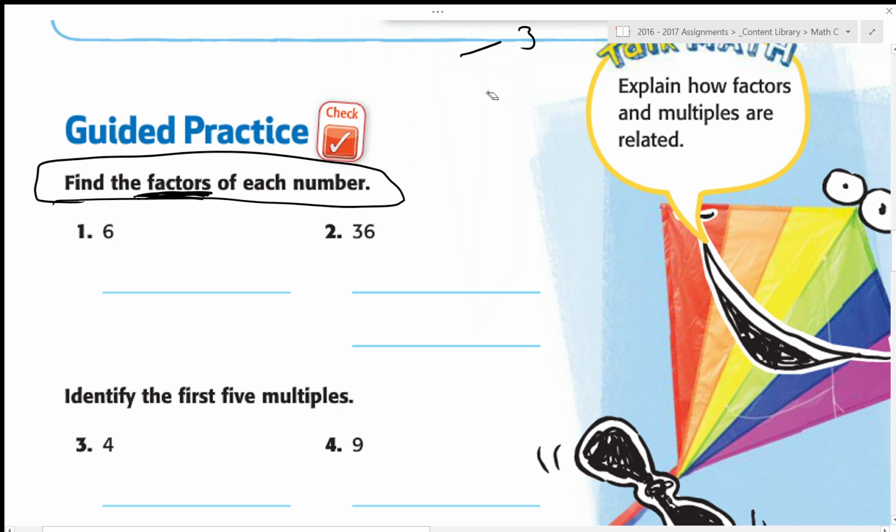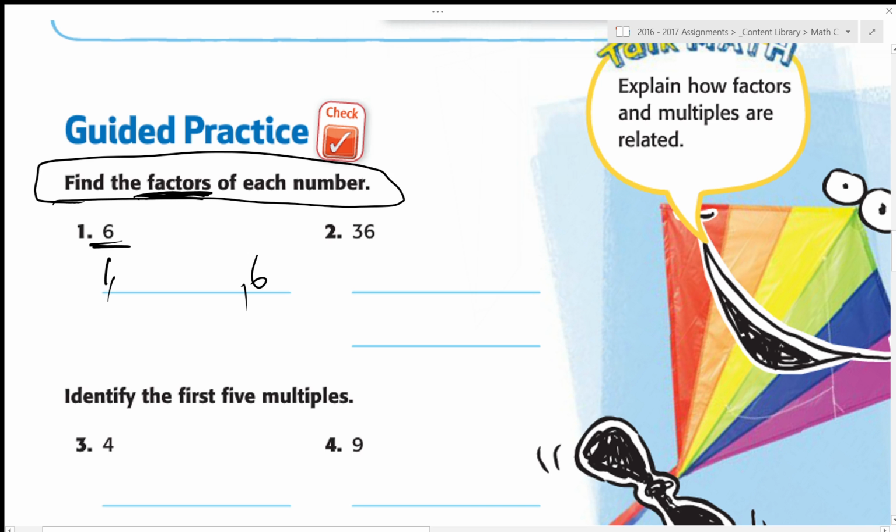So we're looking now at the factors of 6. Now I know that anytime we multiply a number times 1, we get that same number. So that's why I would always start with putting the 1 first and that number next.